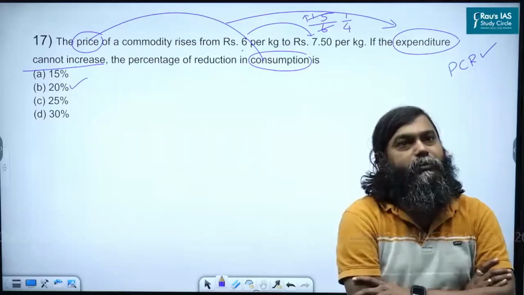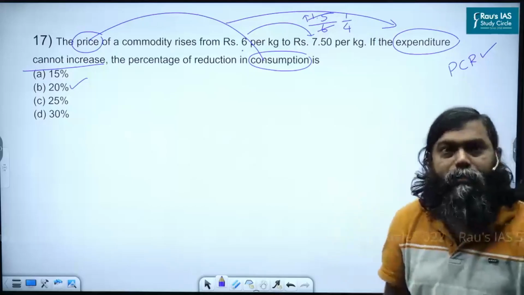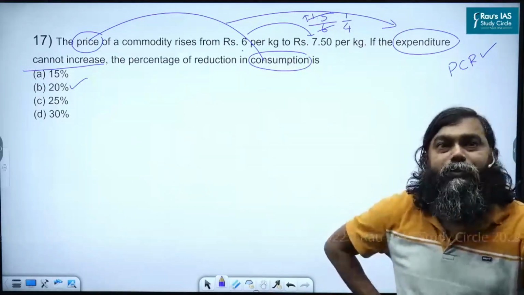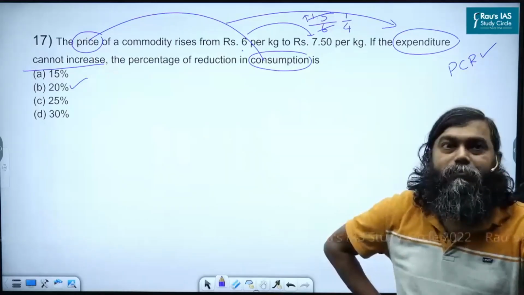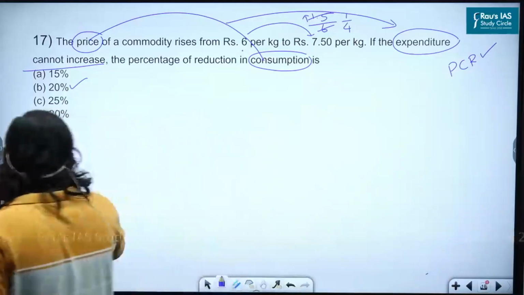Sir, it should be 25%. It's 1 by 4, right? Price increased by 1 by 4, consumption is going to decrease by 1 by 5, so mark 20%. It should be 25% and not 20%.